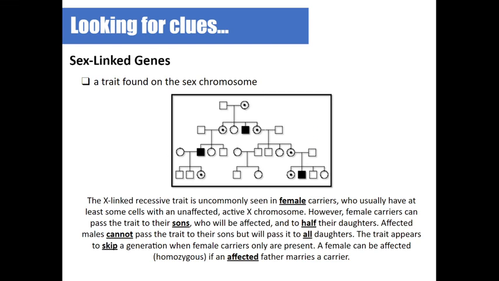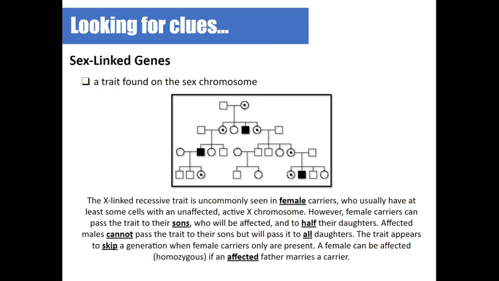With sex-linked genes, a trait is found on the sex chromosome. The X-linked recessive trait is uncommonly seen in female carriers, who usually have at least some cells with an unaffected active X chromosome.